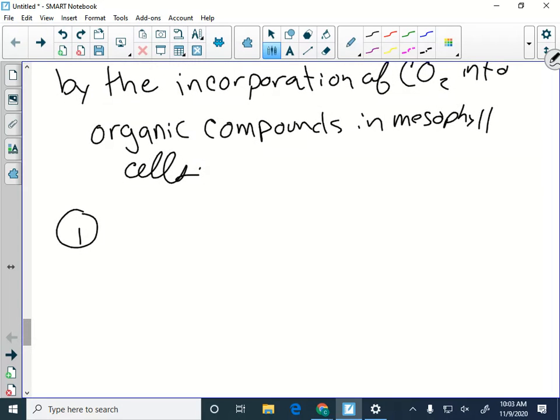Step 1, our enzyme in a mesophyll cell called PEP carboxylase adds CO2 to a compound called PEP, which gives us oxaloacetate, which I think you saw in the Krebs cycle, but that's not necessarily super important to this.